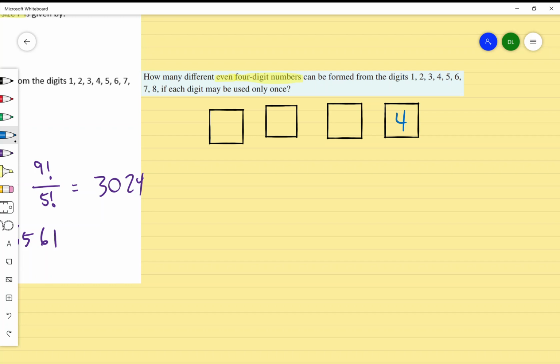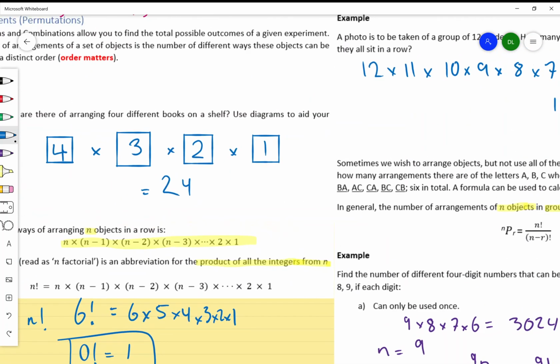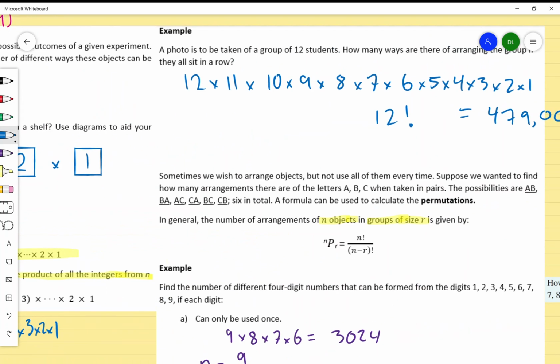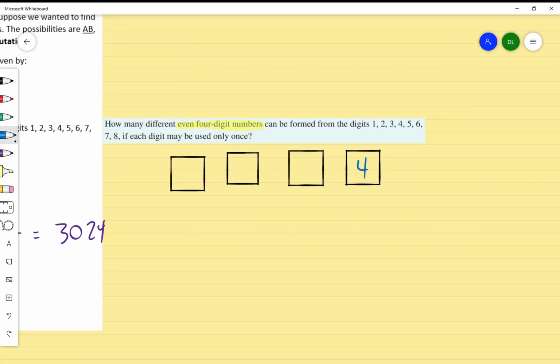Now we know that the number of choices as I go from left to right is reduced by 1 each time. Just like in this equation over here, we can see that as we go to the right, every situation results in one lower value, apologies. So with that in mind, I know I can just work backwards.